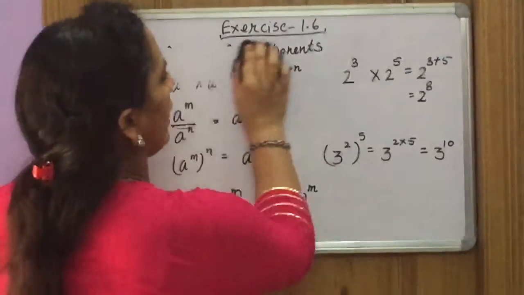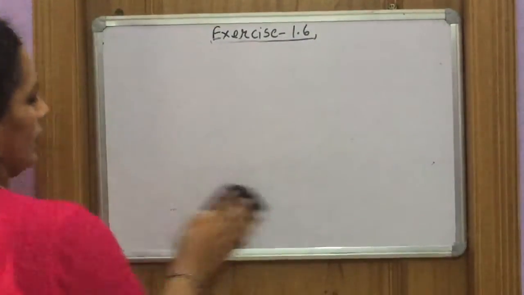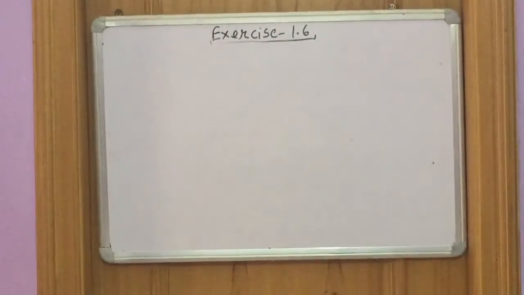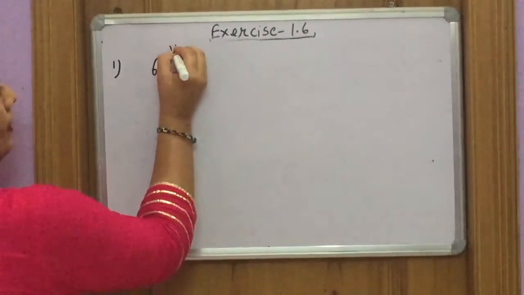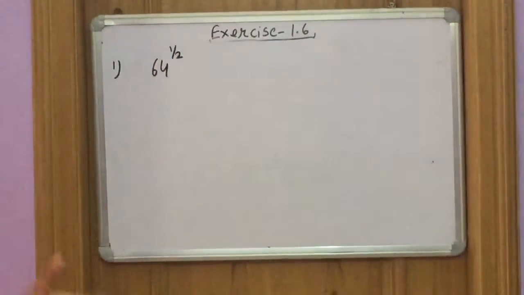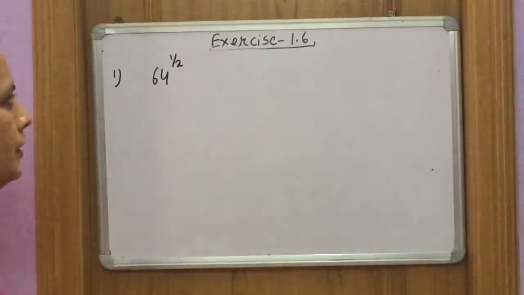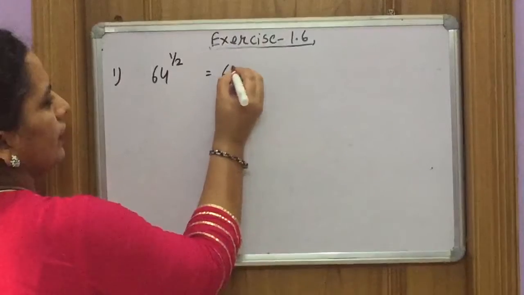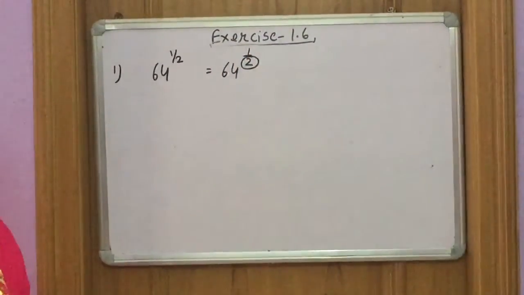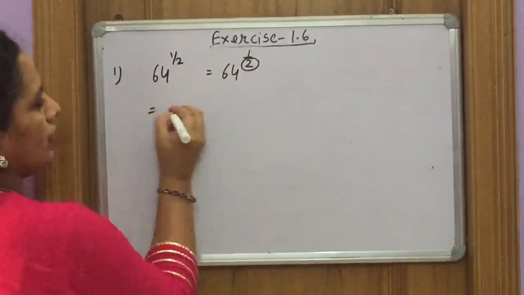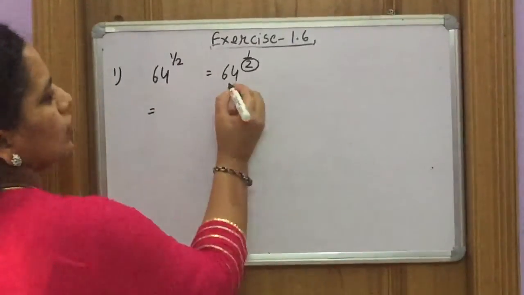Now we are going to start our exercise. First question is, find the value of 64 raised to power 1 by 2. Just simplify it. And the method to simplify this term is, just remove the power in the denominator. In the denominator we have 2. So find out a term, when we multiply that term twice, we will get 64.